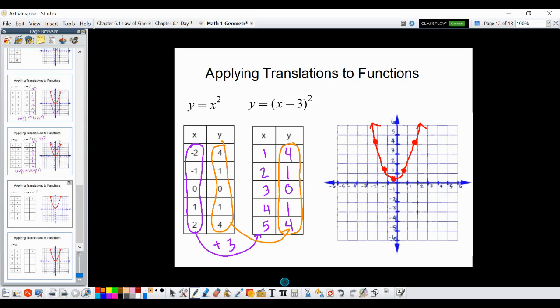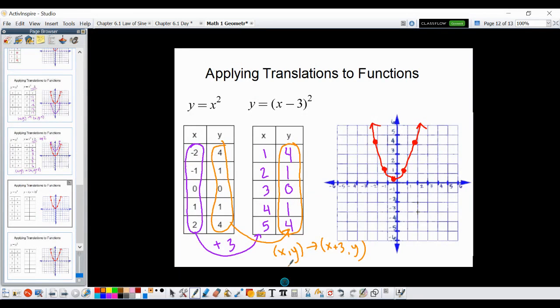Okay, so what do you notice about the y values? They're exactly the same, but the x values, seems like we added 3 to each of them. So then our rule would be like this: (x, y) transforms to (x plus 3, y).